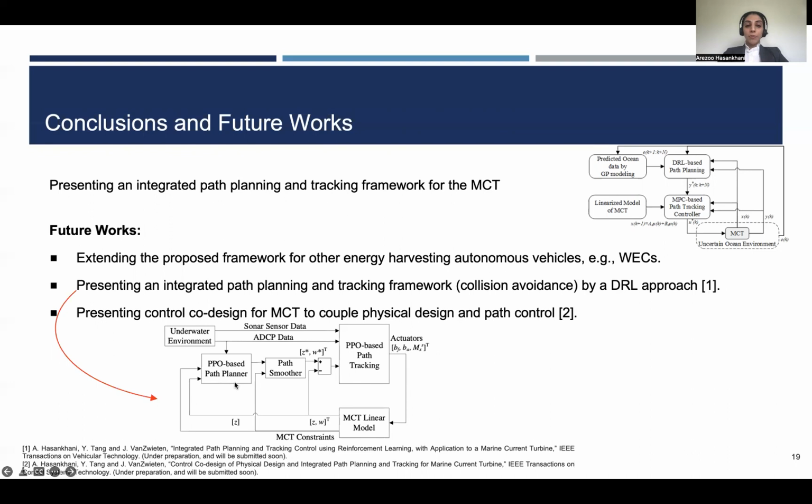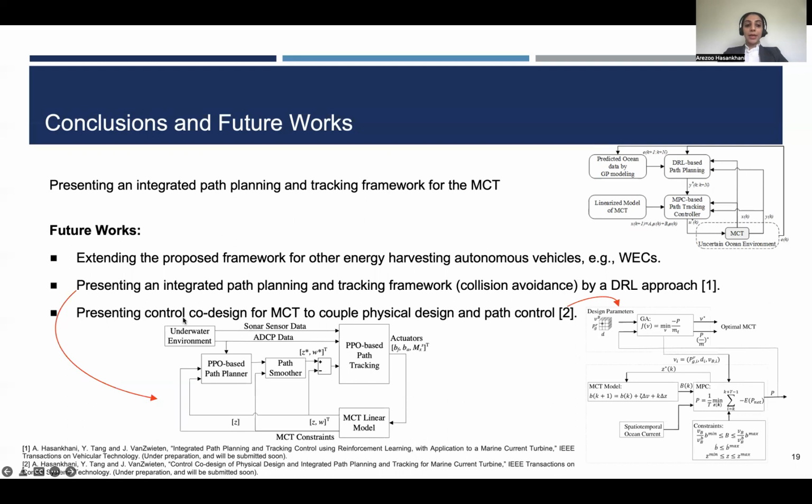And we use the proximal policy optimization for solving both path planner and path tracking controller, and it considers the problem in a continuous environment. We also present a control co-design framework for the MCT to couple the physical design and path control together and find the optimal MCT system.